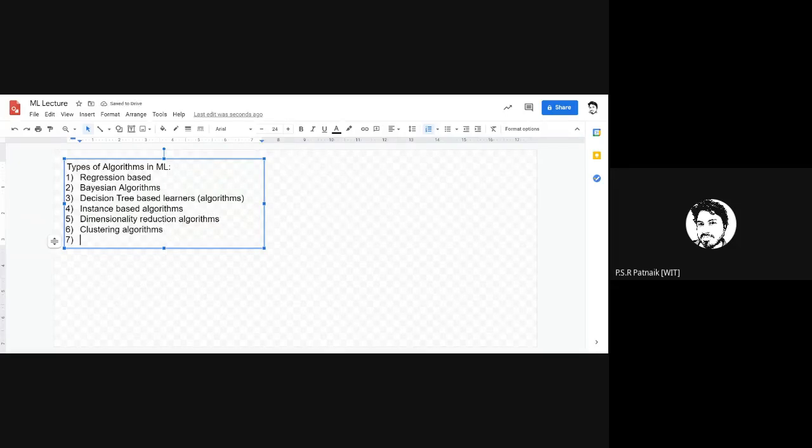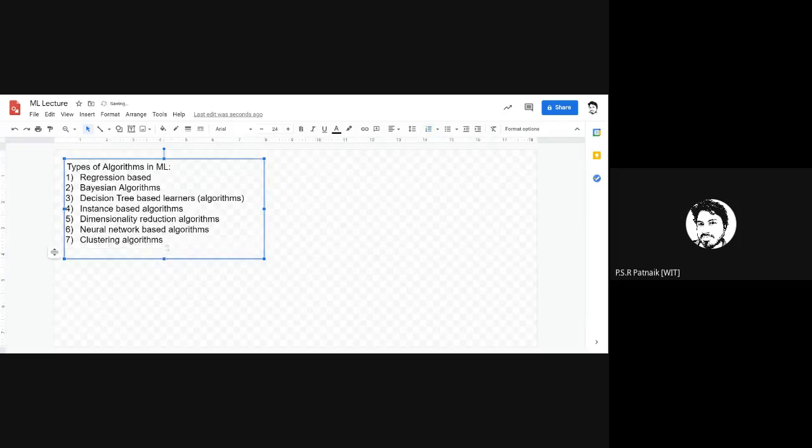Then we have clustering. Let us group them in some category. Neural network algorithms. As of now, we will restrict ourselves to discussing these types of algorithms.